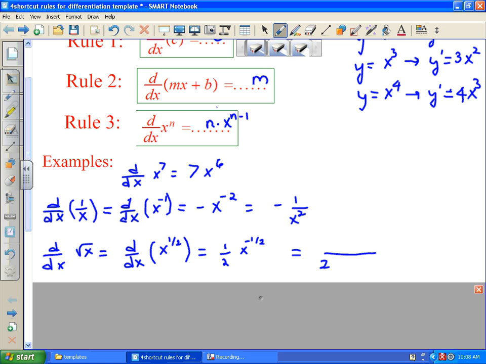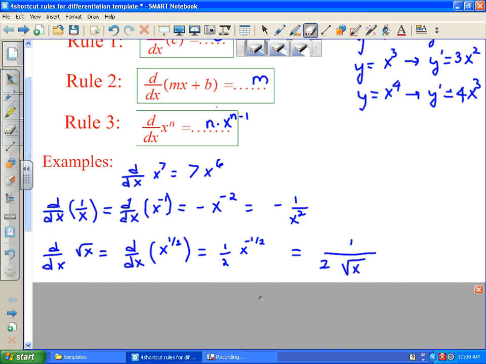And x to the negative 1/2, when that comes in the denominator, how will it come as? 1 over the square root of x, right? Because basically you could first write it with a positive exponent, x to the positive 1/2, but then that's nothing but the square root function, so you might as well just put it as 1 over 2 times root x. Remember, this was another one of your messy group activity questions from the last time, maybe part C or something. Again, with this technique, it's very easy.